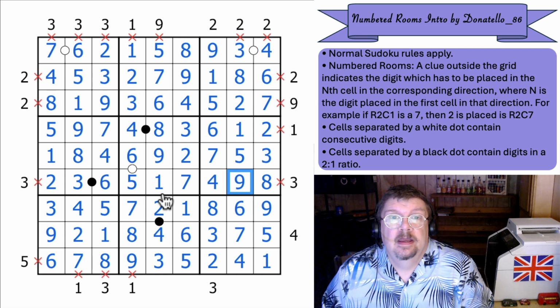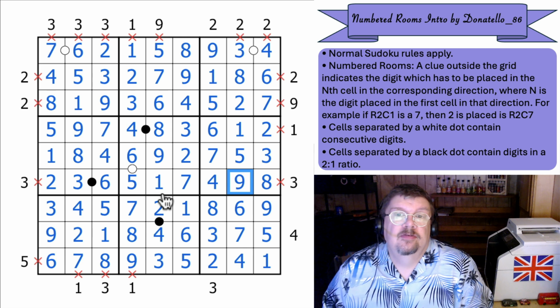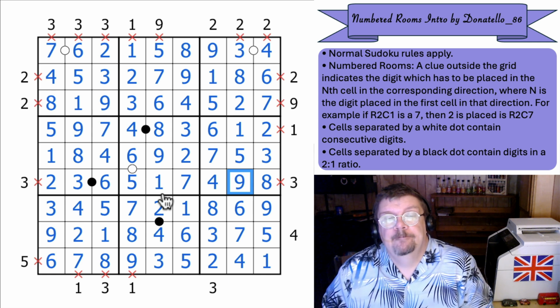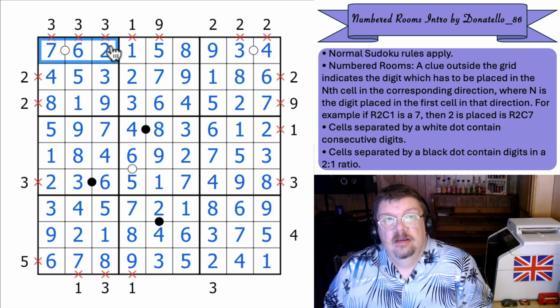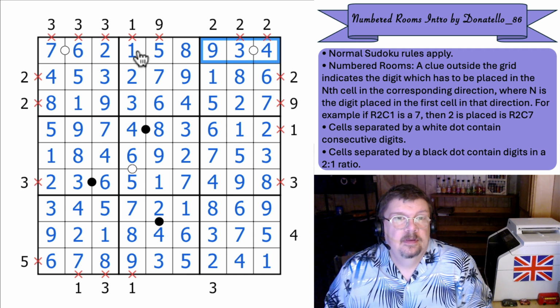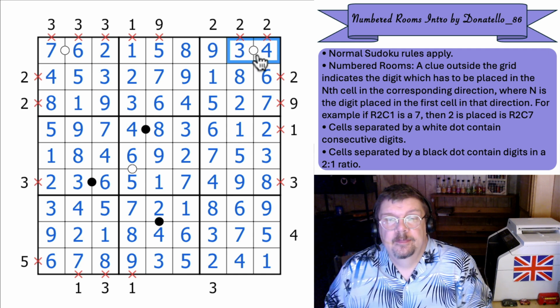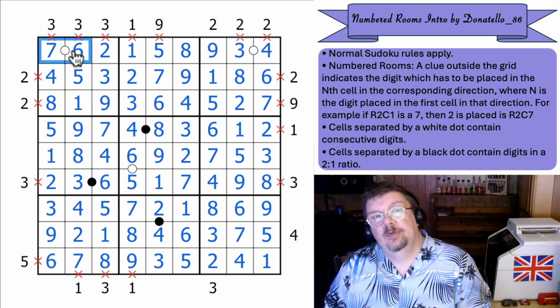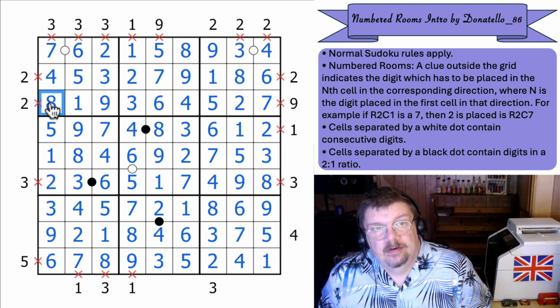Yeah, it's a really good puzzle to help you understand some of the patterns to look for with numbered rooms. I particularly liked the break-in with the 3s here and the 2s here, so that these had to be from different sets of low, middly, and high digits, and then the white dots to force where they go, at least approximately, and then the fact that these were 3s, meaning it couldn't be this one.